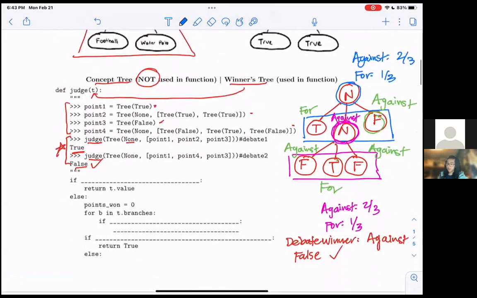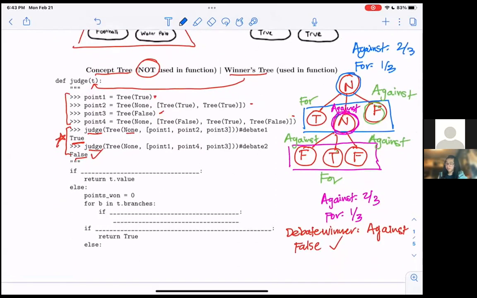For example, this pink node here. On the other hand, if the node is a leaf, we can know immediately who won that point. For example, this node and this node. So we can break up this if and else statement into the base case and the recursive case.